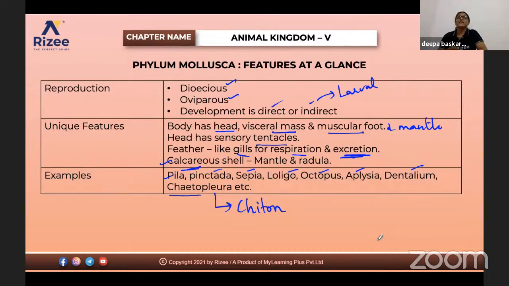For example, for Platyhelminthes, we can say: plate full of tasty rice. Plate, Platyhelminthes. Full, Fasciola. Tasty, Taenia. Rice, again one more example will come.